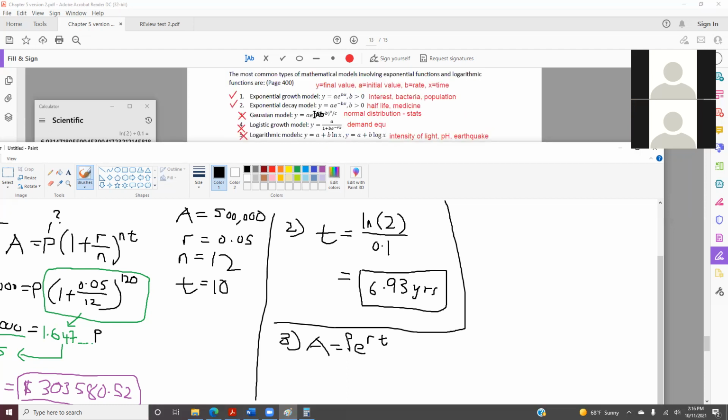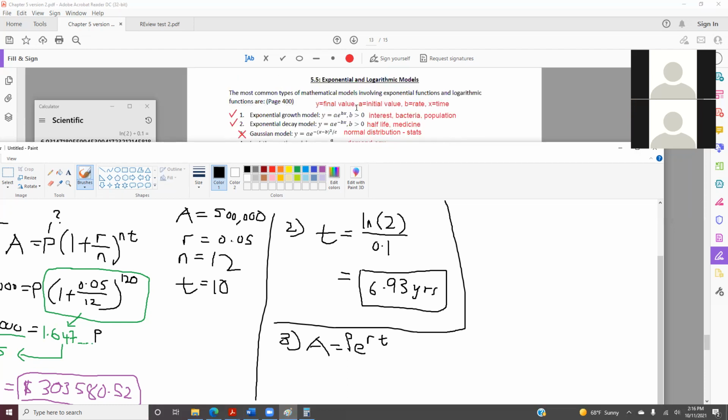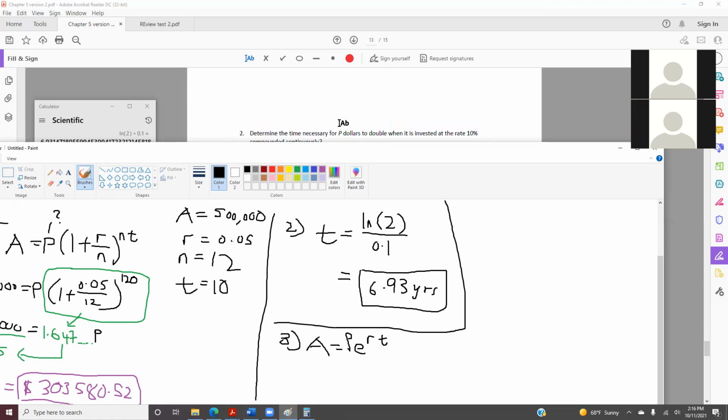So don't forget, A is your final amount. Your P in this case is your initial amount. So if a question is asking for initial, this is the one that you need to find, the P. And A, same thing. See, this is tough. When I change it, everything changed, right?